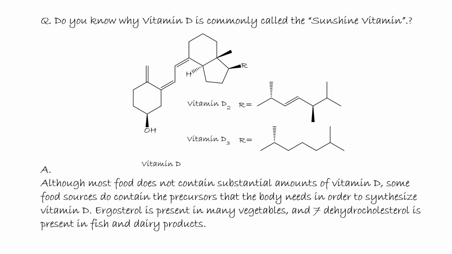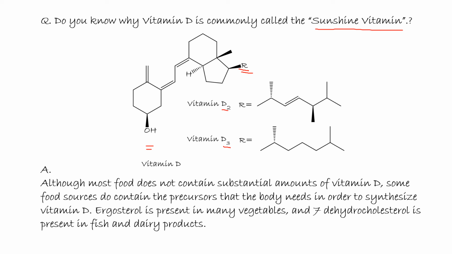Do you know why vitamin D is commonly called the sunshine vitamin? This is the structure of vitamin D. It's a mixture of D2 and D3. D2 and D3 have different R groups. D2 has an alkene, but vitamin D3 has a saturated alkyl group.